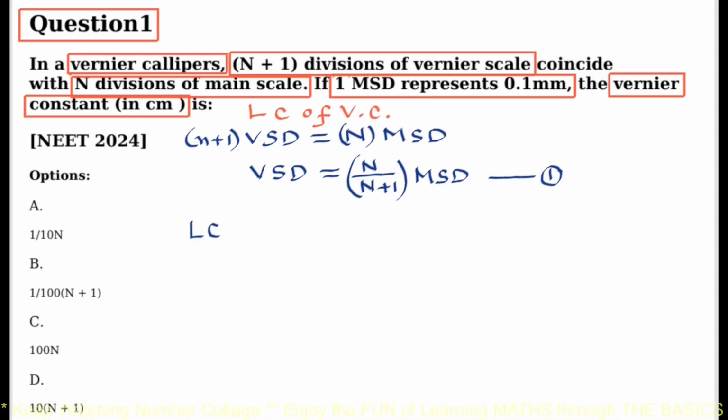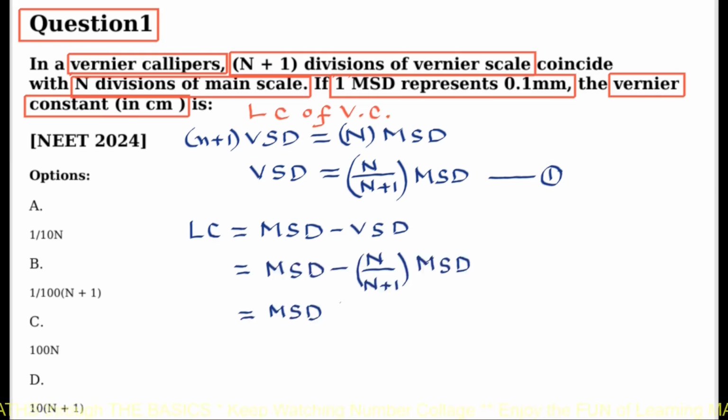We have least count of vernier caliper equals main scale division minus vernier scale division. That will be 1 main scale division MSD into 1 minus n upon n plus 1, putting value of 1 MSD 0.1 millimeter, that is 0.01 centimeter, because we have to answer in centimeter, into n plus 1 minus n, 1 upon n plus 1.